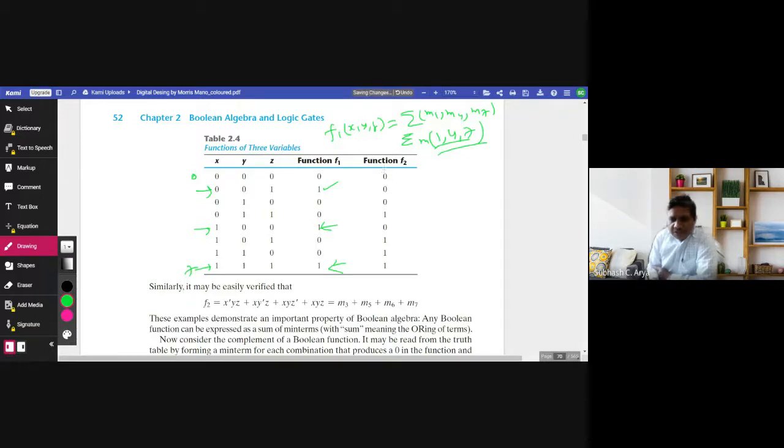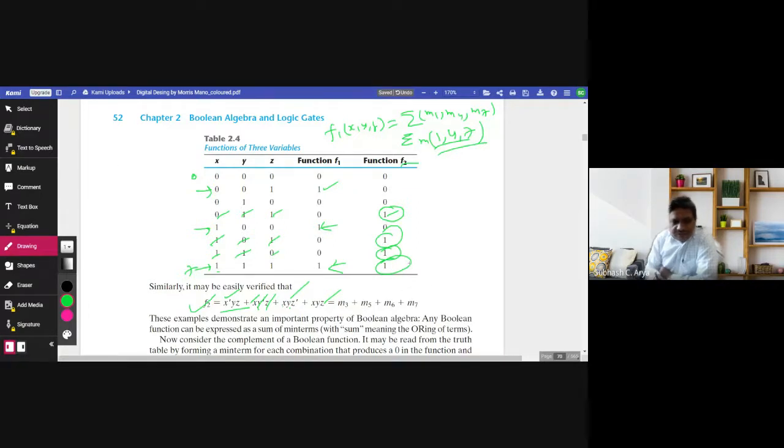Similarly, another function is given here, F2. F2 is 1 at the logic X bar Y Z. Next, we look where F2 is 1, that is X Y bar Z, next X Y Z bar, and the last one X Y Z. Then we can write m3, m5, m6, m7 accordingly.